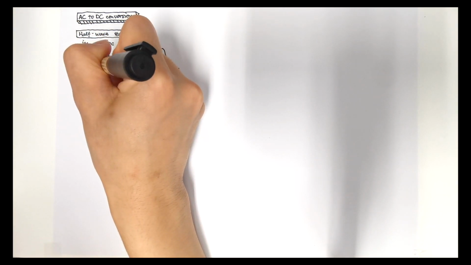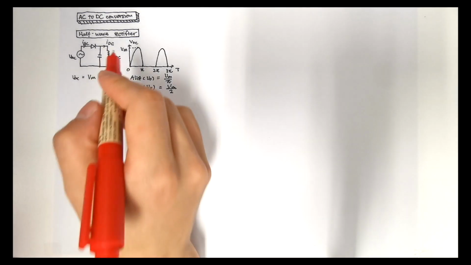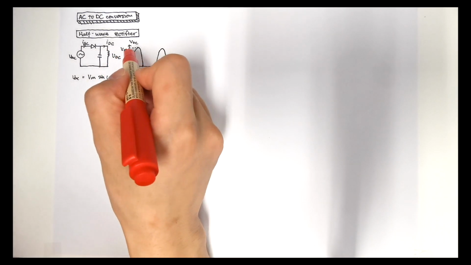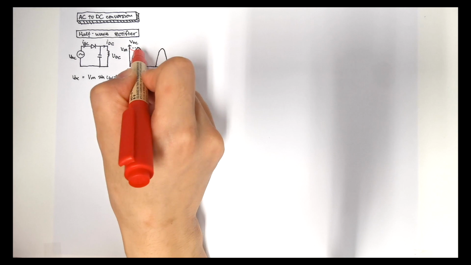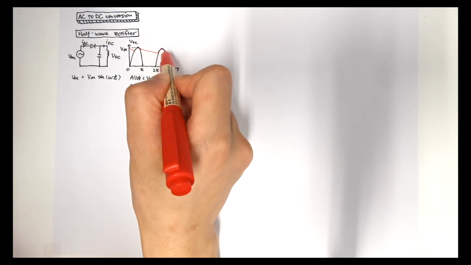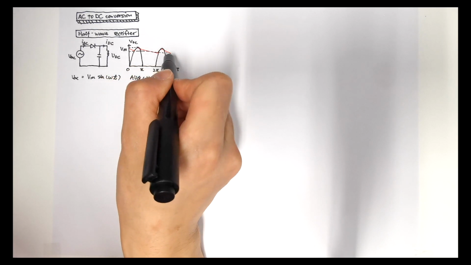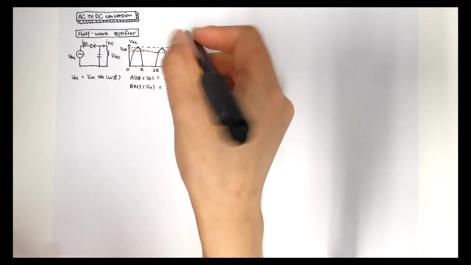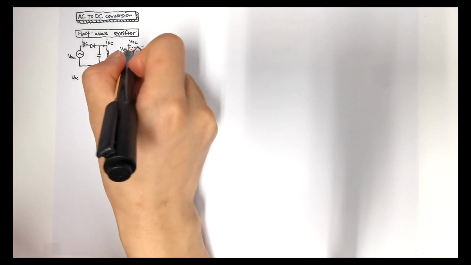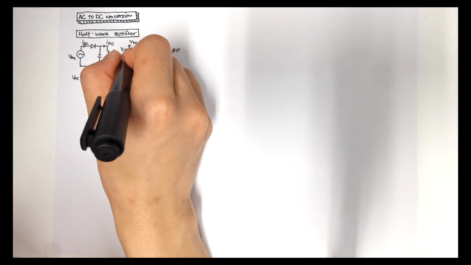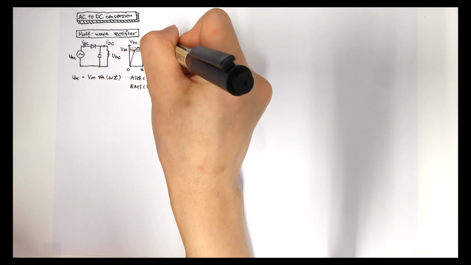To improve the DC quality of Vout and Iout, a capacitor is applied. After applying the capacitor, the output voltage waveform will look like this. And this is our delta Vout and the average value of Vout.